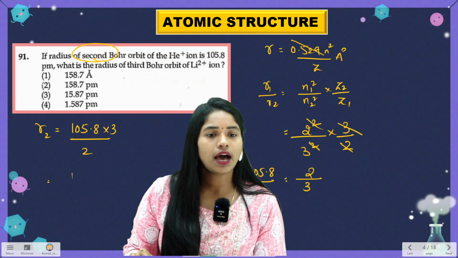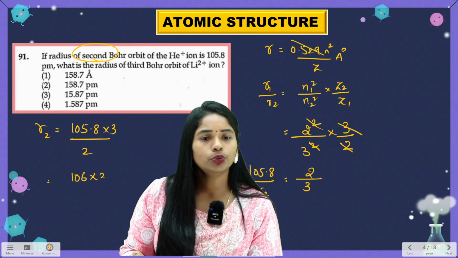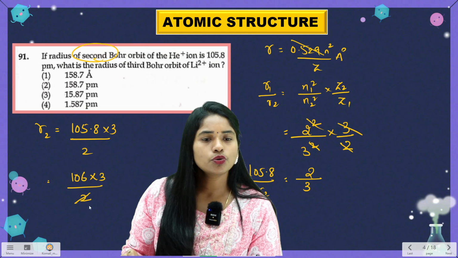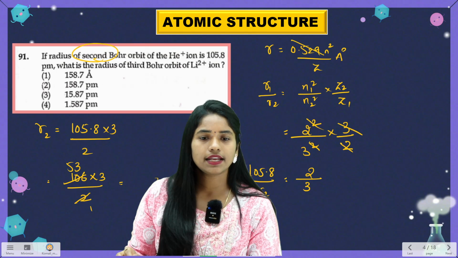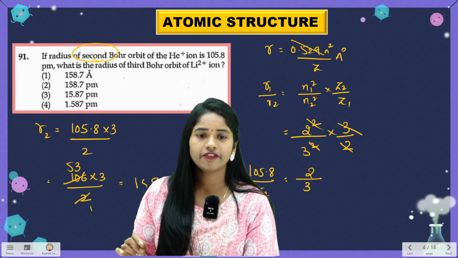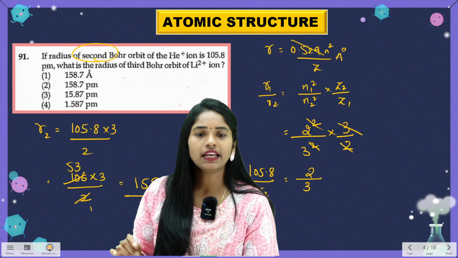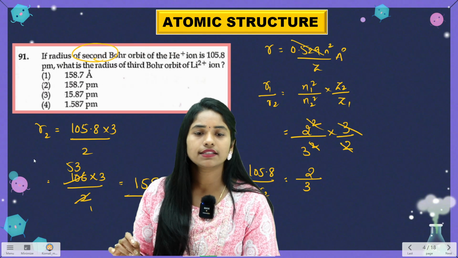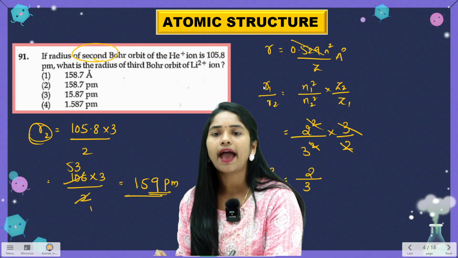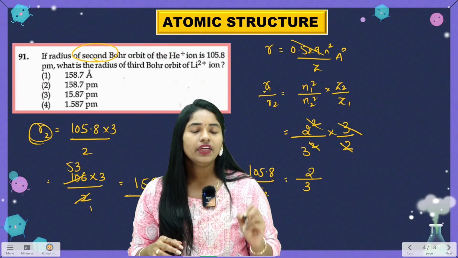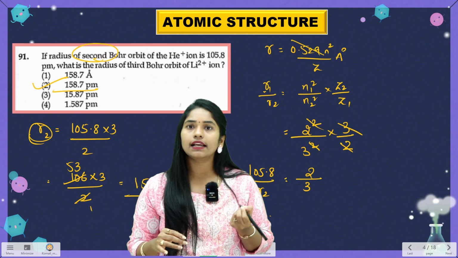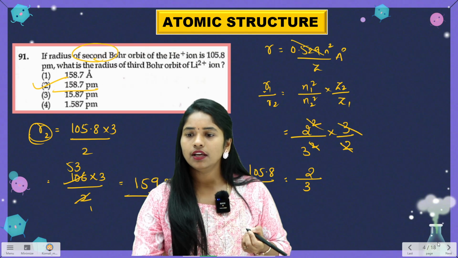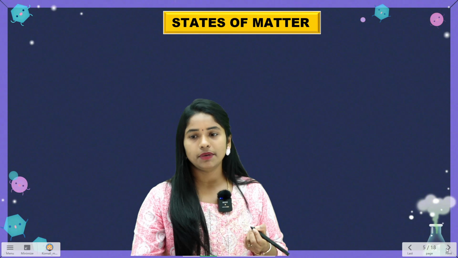So now 106 into 3 by 2: 2 ones are 2, 3 3s are 9, 3 5s are 15. Then 159 picometer is my answer, because R1 I have taken in picometer. So the second option is the correct answer. Is it clear? Shall I go to the next question? This is a question from atomic structure.